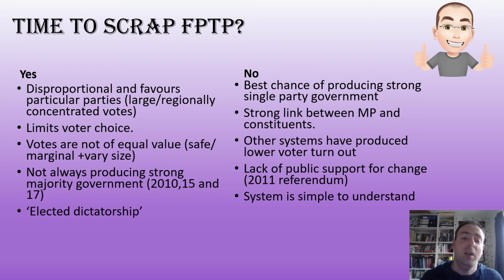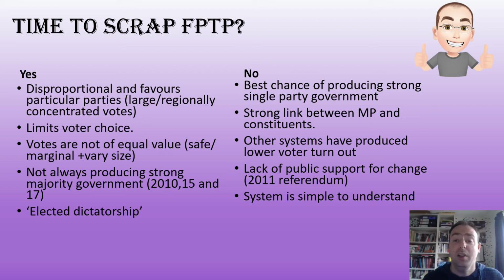And then we've got my other worry, that actually, yes, you get strong single party government, but with everything else in our political system, you end up with this idea of an elected dictatorship, where essentially you've got people in power for 4 or 5 years who can do whatever they like, and there's very little political mechanism to stop them. This is a bit of a worry if they can't genuinely claim to have the support of the majority of the people.